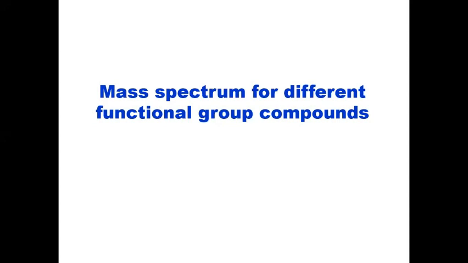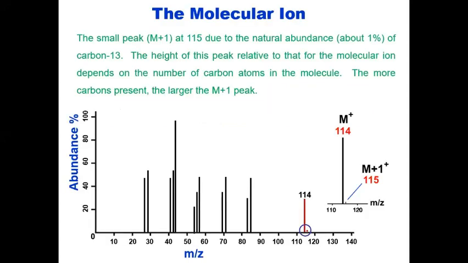Then another part is the application: how we can use mass spectrometry for analysis of different types of chemical substances present in samples. How will we know which molecule has an alcohol, or which molecule has a ketone group, or which compound has a bromide group? We will see one by one.